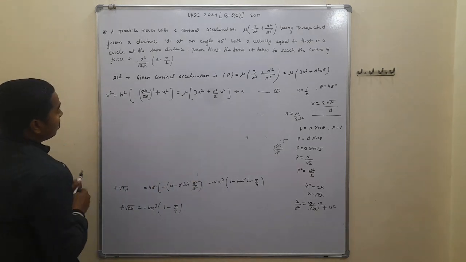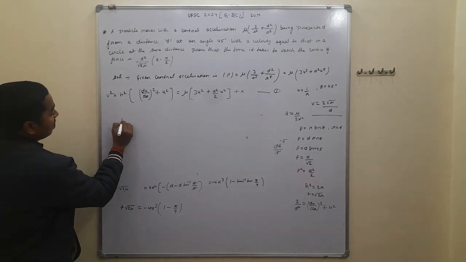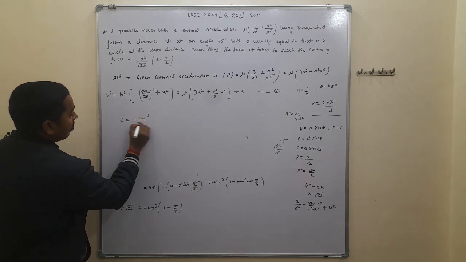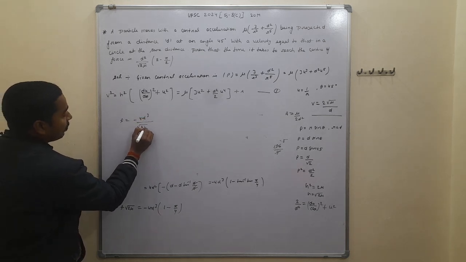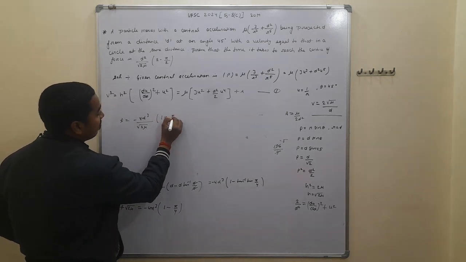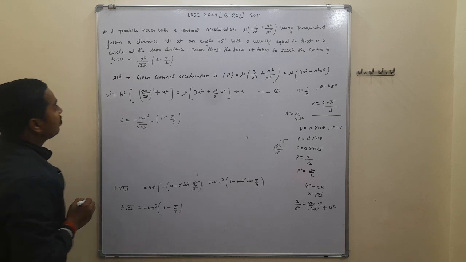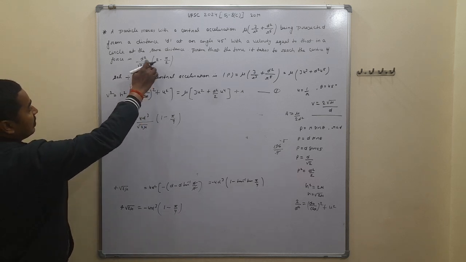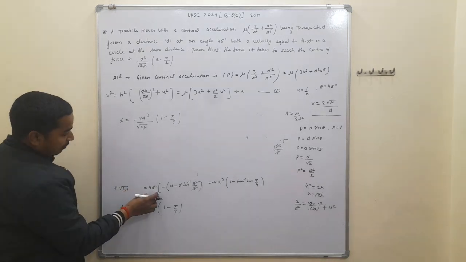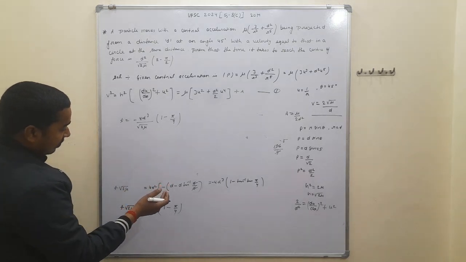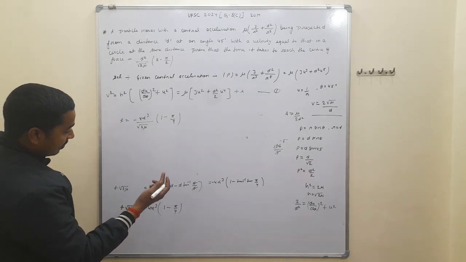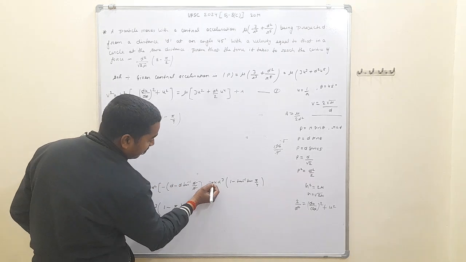We have to prove t is equal to minus of 4d cube upon root 2 mu, and here is 1 minus of pi by 4, and we have to arrange this step once again. When we take the lower limit, this is equal to minus, and minus is already present, that is minus minus is plus.